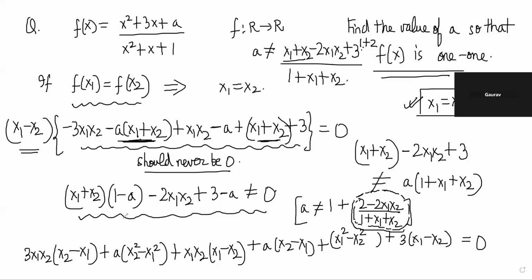So how can we make sure that this is never 0? Maybe 1 minus a. If it is equal to 0, I will get a is equal to this. That should be impossible.